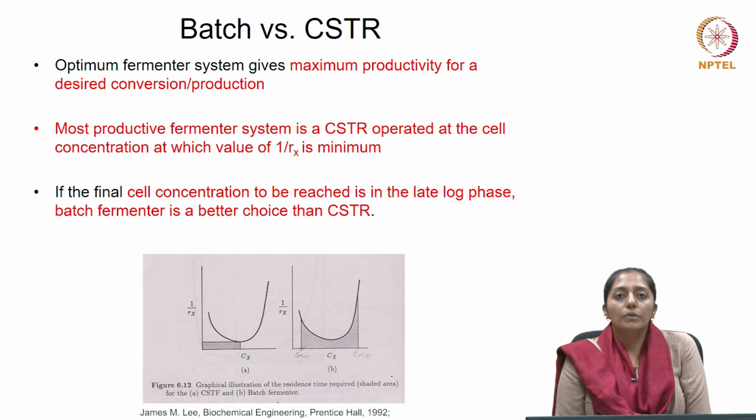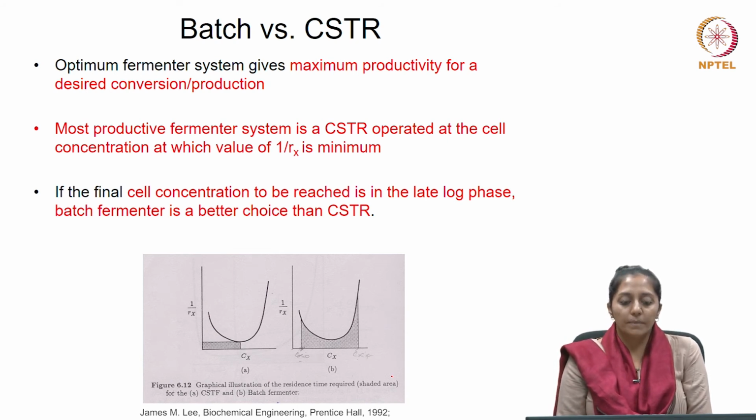Again, if we want to compare batch versus continuous reactors, we need to decide the optimum fermenter system giving the maximum productivity for the desired conversion or production.